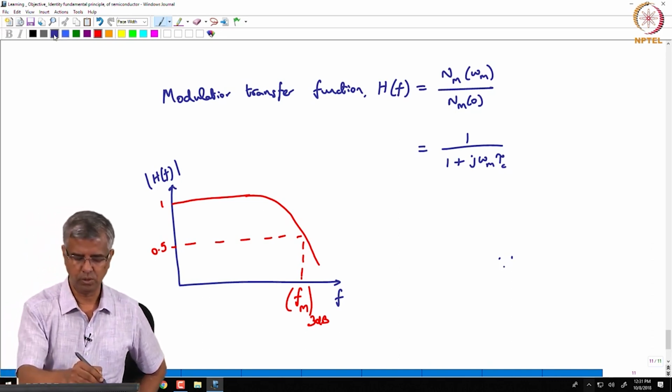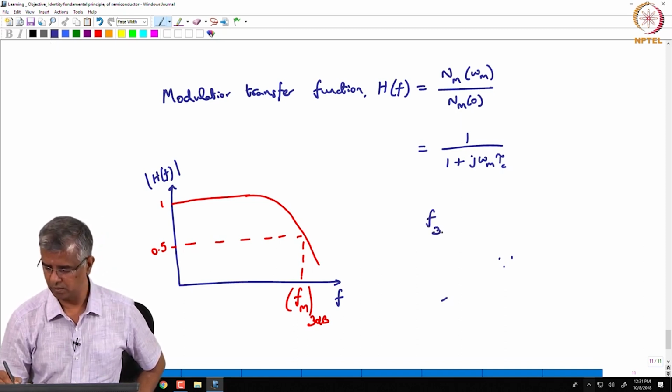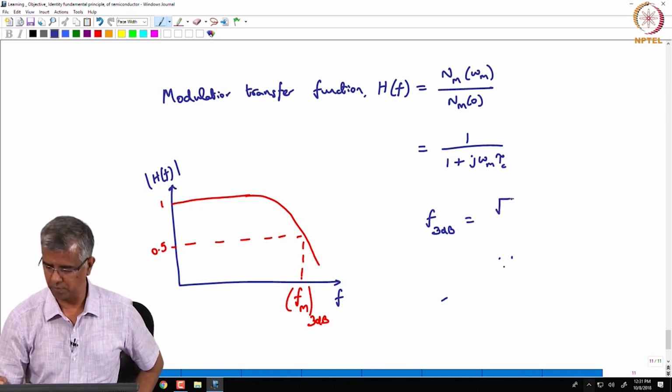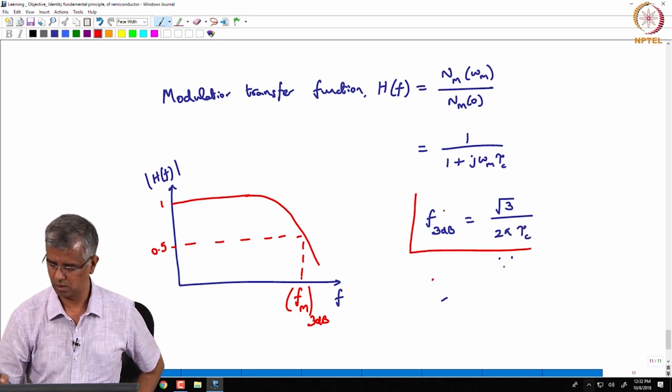If you do that, what you will find is this 3 dB frequency is going to be given by root 3 over 2 pi tau c in hertz.